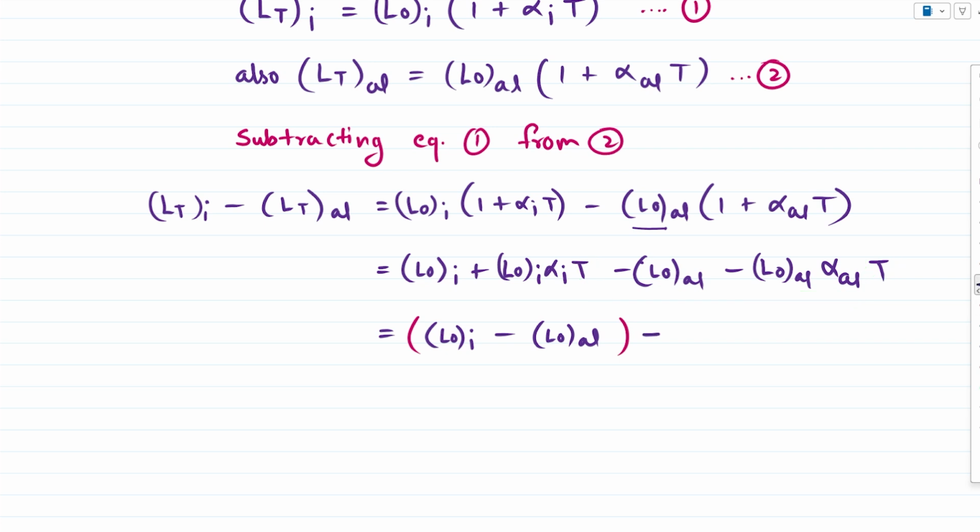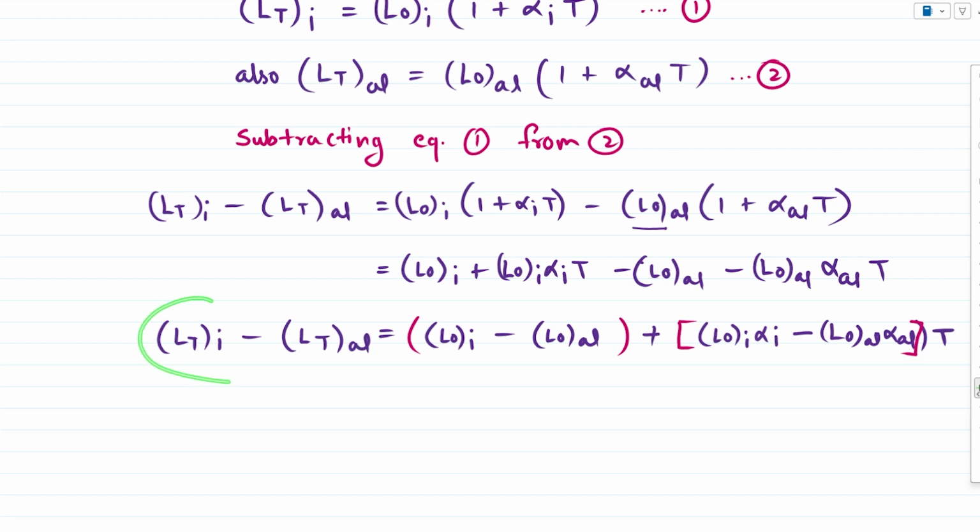So the equation that remains is this: L naught of I times alpha I minus L naught of AL alpha AL, and we close the bracket, and then we have the common term temperature outside the bracket. And this is equal to our term on our LHS, LT of I minus LT of AL.